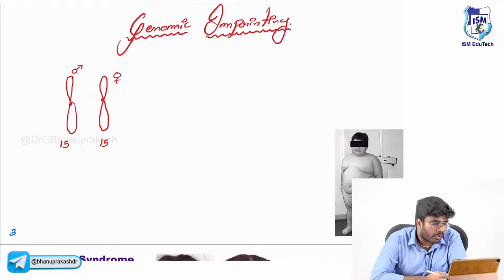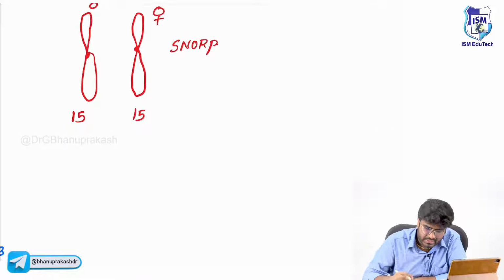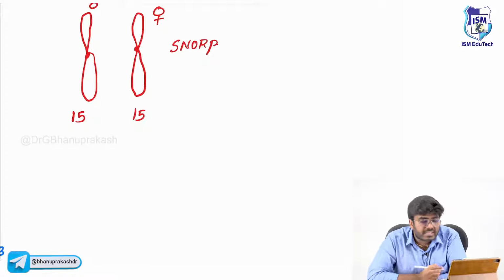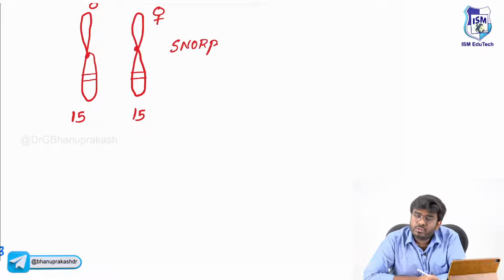Now the first gene I want to discuss here is called the SNRP gene. Where is this SNRP gene present? For understanding purposes, the SNRP gene is present both in the mother as well as the father.